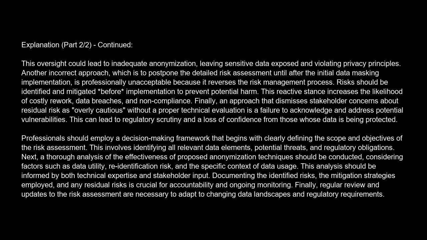This analysis should be informed by both technical expertise and stakeholder input. Documenting the identified risks, the mitigation strategies employed, and any residual risks is crucial for accountability and ongoing monitoring. Finally, regular review and updates to the risk assessment are necessary to adapt to changing data landscapes and regulatory requirements.